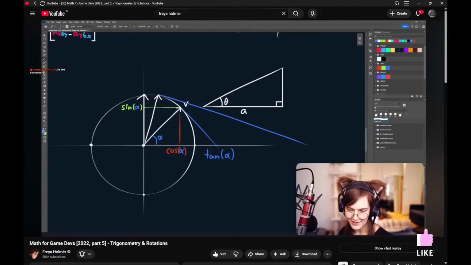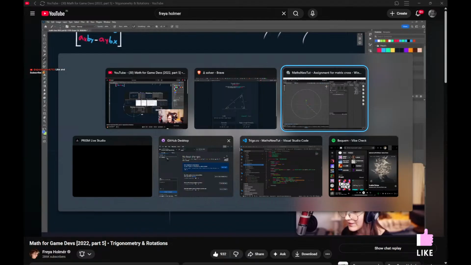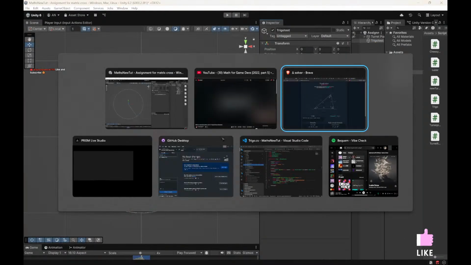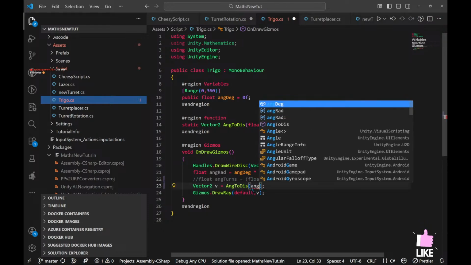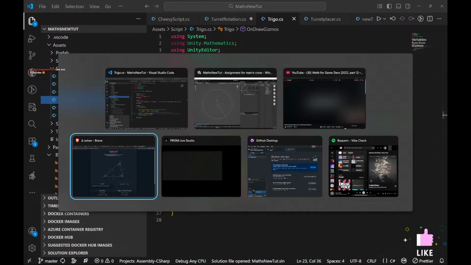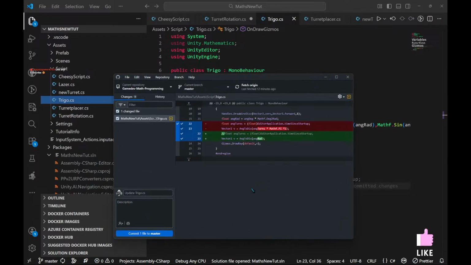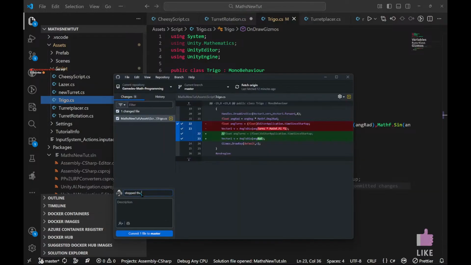But sine divided by cosine is smaller in that case? Well, I'm guessing it's the other way around.